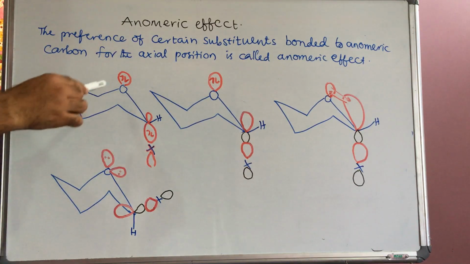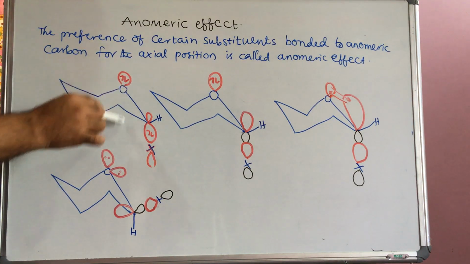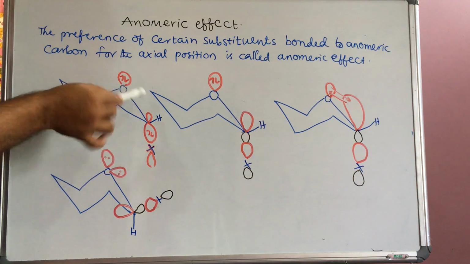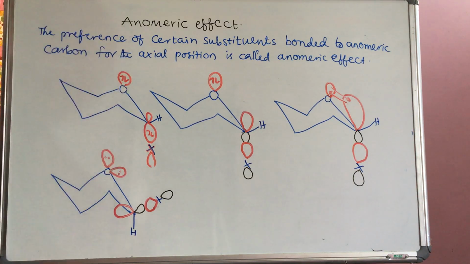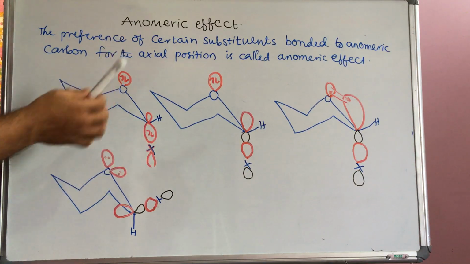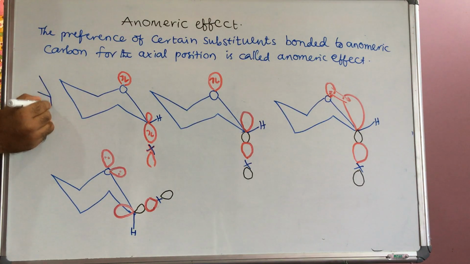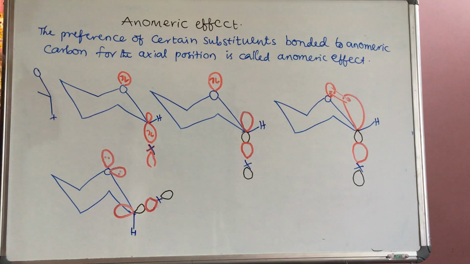The reason: this is the oxygen lone pair. Actually, two lone pairs will be there like this. I am representing only the axial lone pair. The equatorial lone pair I am not representing here, just observe only the axial. So this is the carbon-halogen bond. Simply, if you want to write, the link will be like this: this is halogen, this is oxygen.